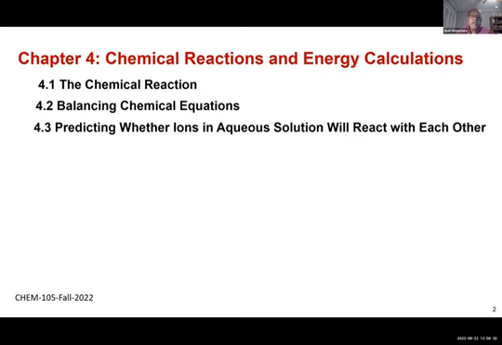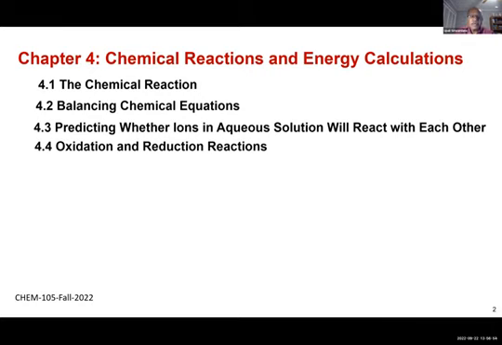Now, after we learn the basic idea about reactions and how we balance them, we have to predict various products of various reactions that occur in solutions. We do chemistry mainly in solution. Gaseous reactions are explosive.